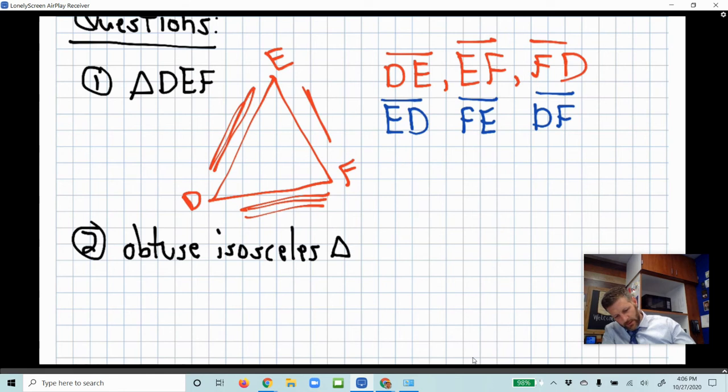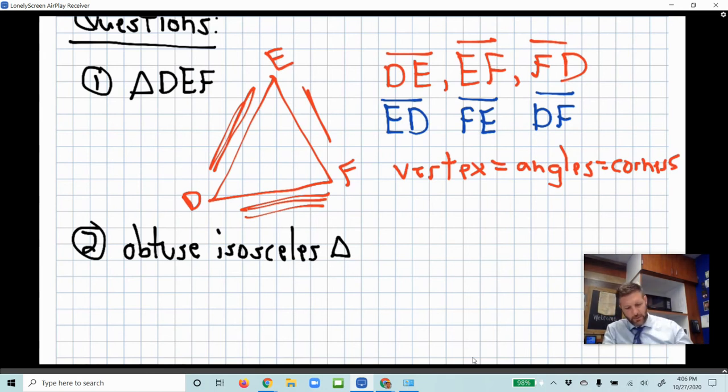The vertex, that word means the angles, or like I just said, the corners. And so when we're talking about the vertexes, we would write that we have angle D, and that's this one right here. We have angle E, and that's this angle right here. And then we have angle F, and of course, that one is right there.